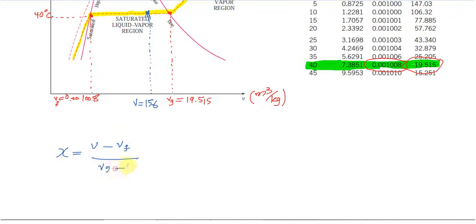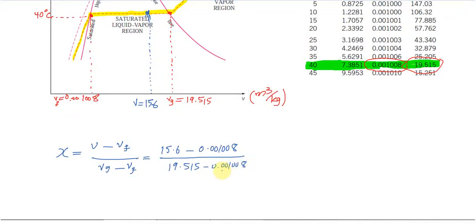Vg minus Vf, which means I need to subtract 15.6 minus 0.001008 divided by 19.515 minus 0.001008.